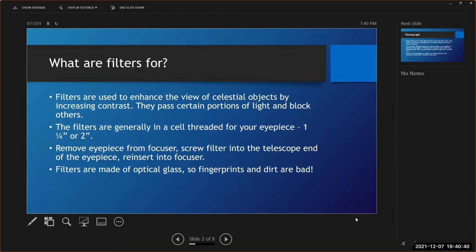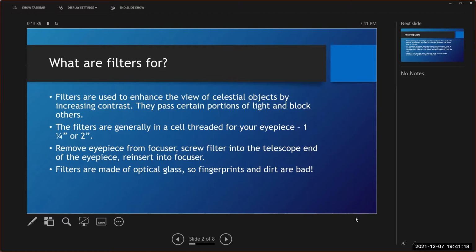For example, I have one here. You can see it's shiny and fairly short, about the size of an eyepiece. The way these things are made is you have optically flat glass and you deposit various layers of a material that produces interference, so that certain light bandwidths are passed and certain ones are not.